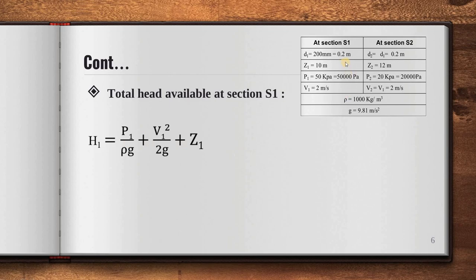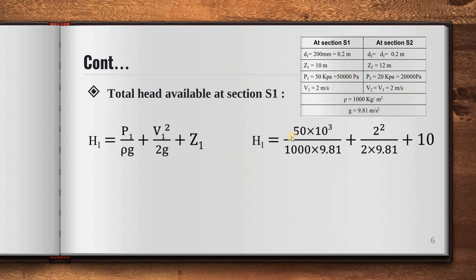To calculate this for section S1, P1 is 50 kilopascal, that is 50 into 10 raised to 3, divided by rho g.